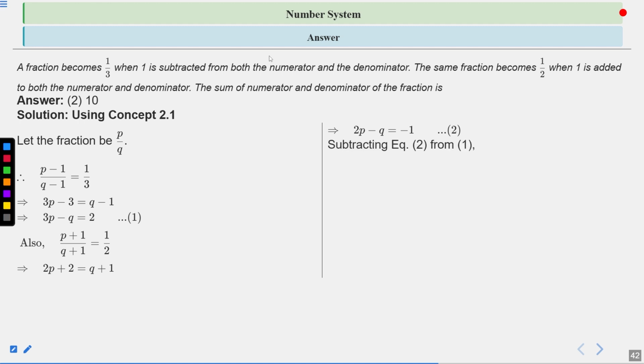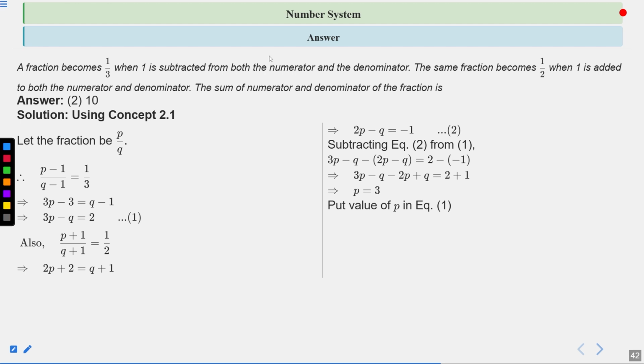Subtracting equation 2 from equation 1, we get 3p minus q minus 2p minus q equals 2 minus minus 1. So we get 3p minus q minus 2p plus q equals 2 plus 1. So the value of p becomes 3.